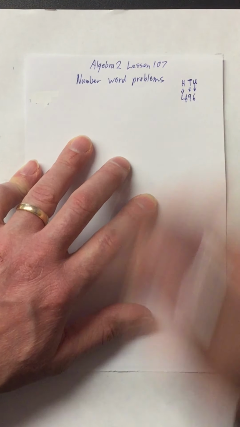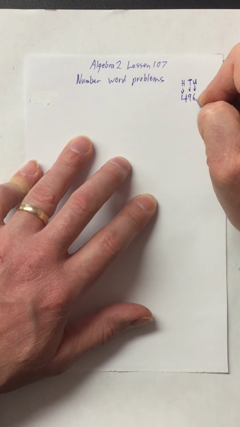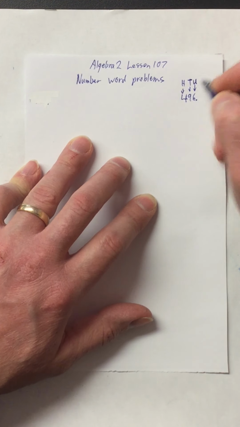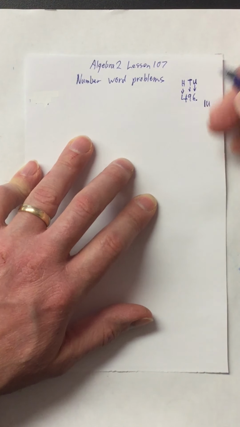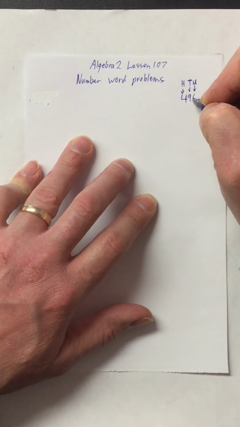Okay, so ideally, these places are categorized by how far they are from the decimal. So 1 times 6 is 6, which means the units has a value of 1 place. The tens, though, is 2 places away from the decimal.